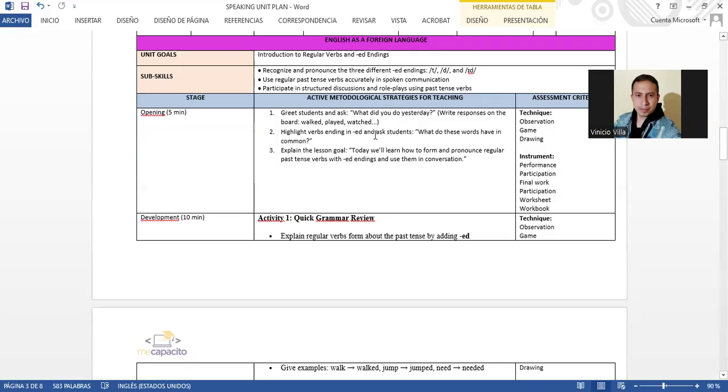I'm going to show them flashcards. Second, highlight verbs ending in ED letters. What do these words have in common? For example, showing flashcards. And the third, explain the lesson goal that we are going to deal with.